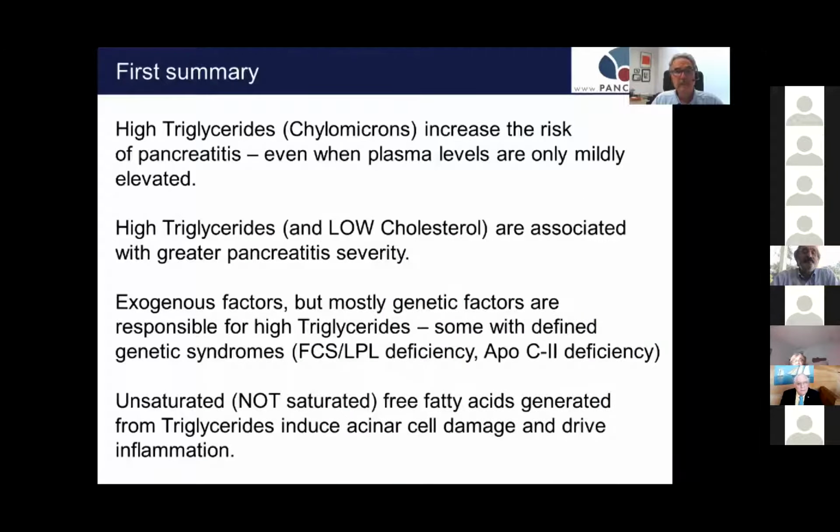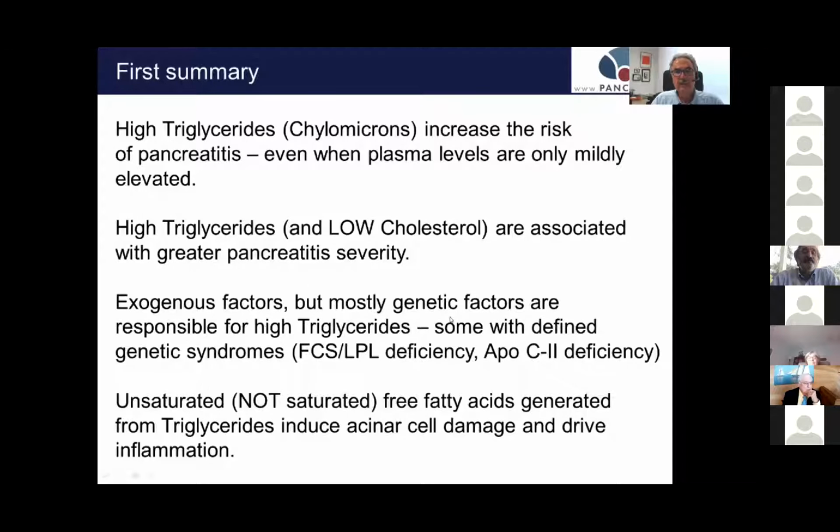This is my first summary. High triglycerides, which is the same as chylomicrons, increase the risk of pancreatitis even when plasma levels are only mildly elevated. High triglycerides and low cholesterol are associated with greater pancreatitis severity.